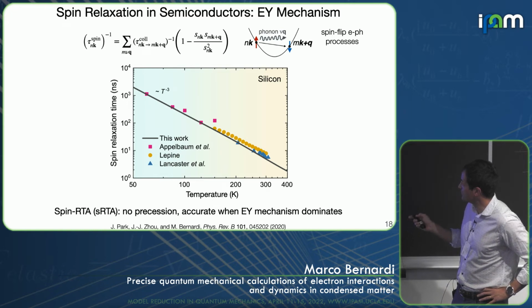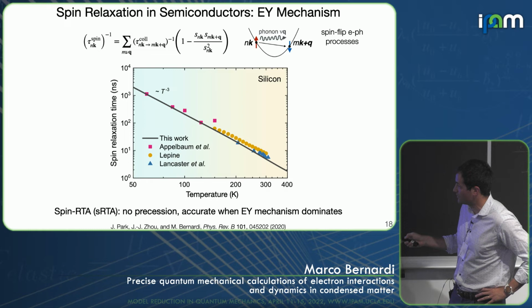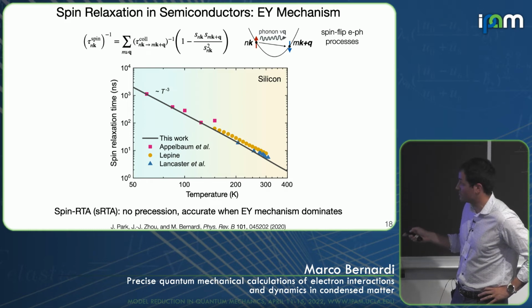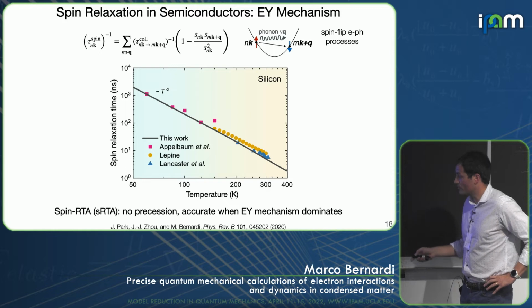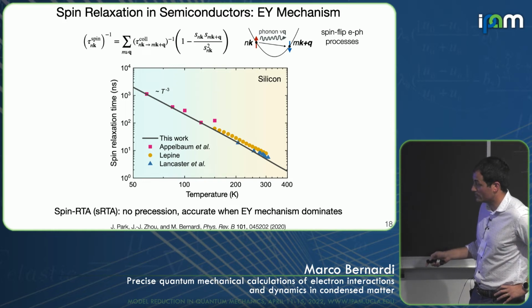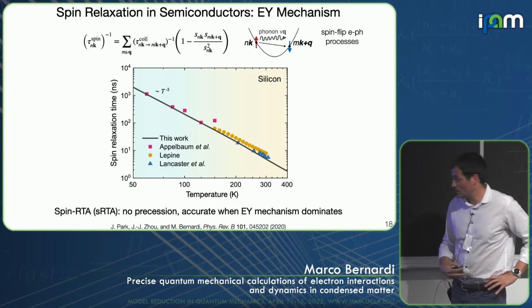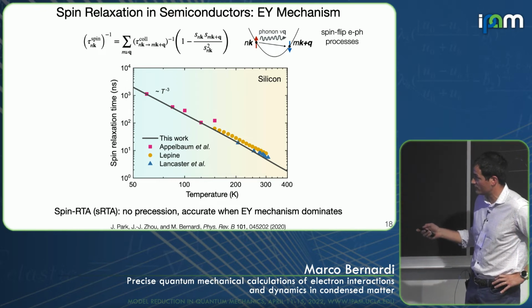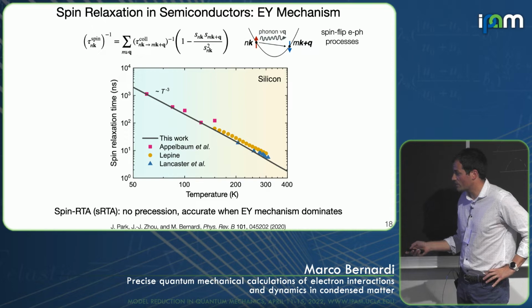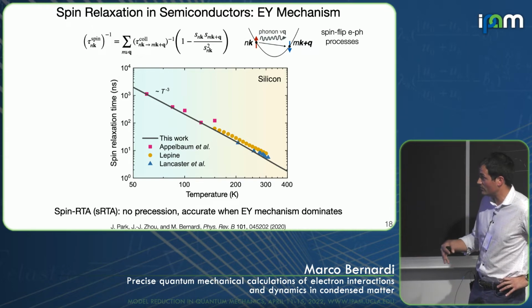In particular, we computed these spin-flip electron-phonon processes, and then we used them, by thermally averaging, to compute the spin relaxation time in silicon. This formalism, which we call the spin RTA, does not include precession. And so it can only be used in systems like silicon, which is centrosymmetric, where the Dyakonov-Perel mechanism is not important.